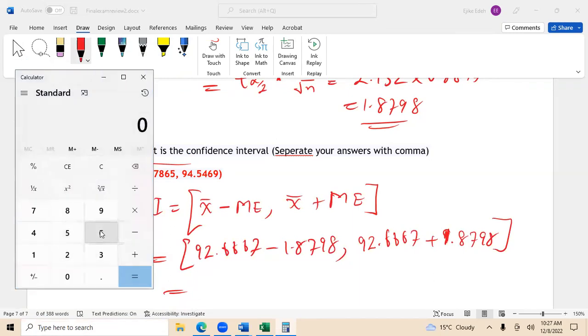So I have 92.6667 minus 1.8798, and this gives me 90.7869.